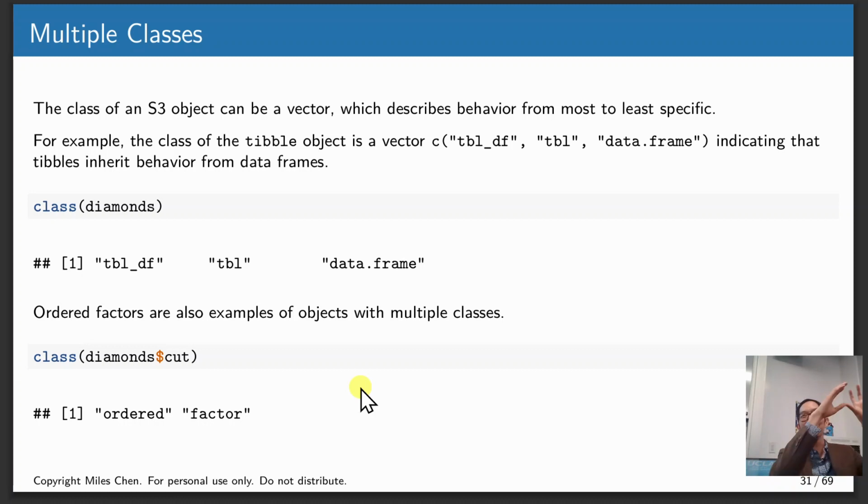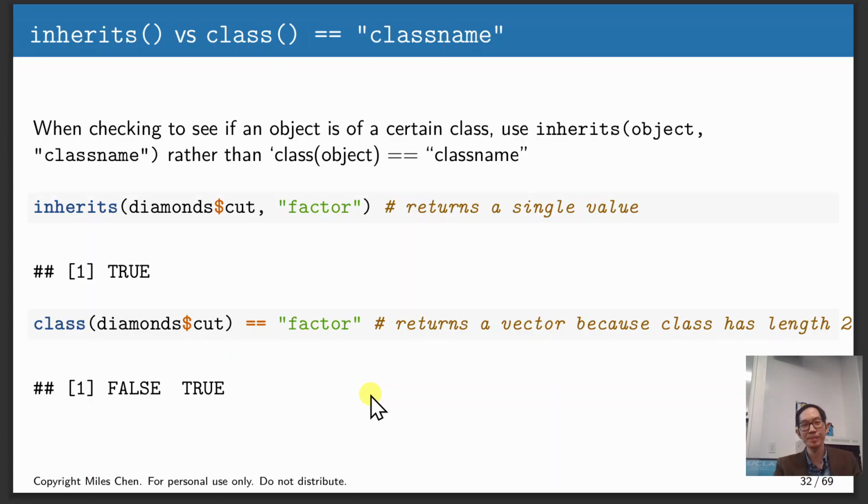But you can have this thing where it's a subclass or specific version of the superclass that inherits from all of these things. Like all squares are rectangles, but not all rectangles are squares, and it's the same idea: all ordered objects are factors, but not all factors are ordered.